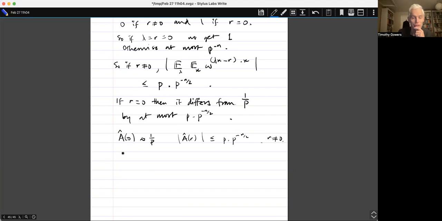But now we make the following observation, which is that x dot x minus 3 (x plus d) dot (x plus d) plus 3 (x plus 2d) dot (x plus 2d) minus (x plus 3d) dot (x plus 3d) equals 0.